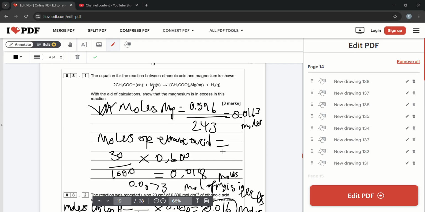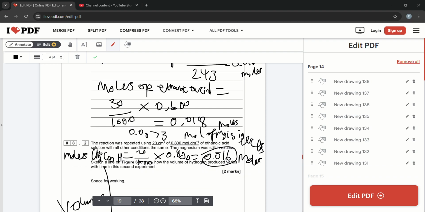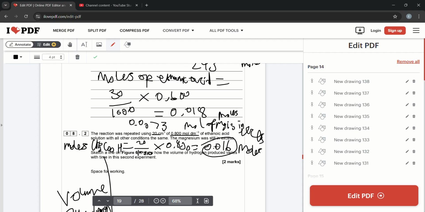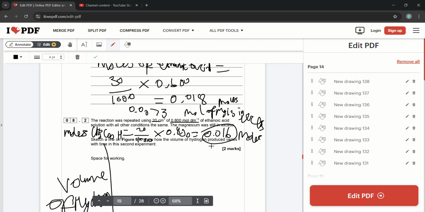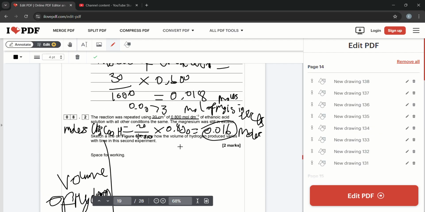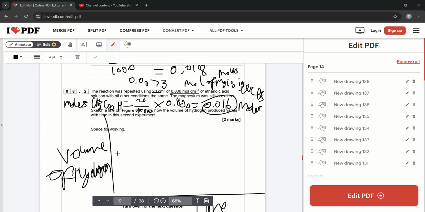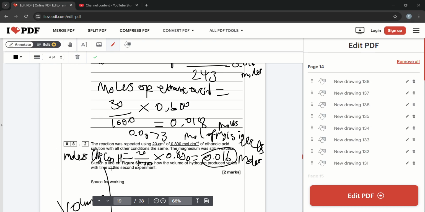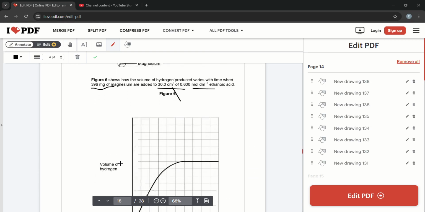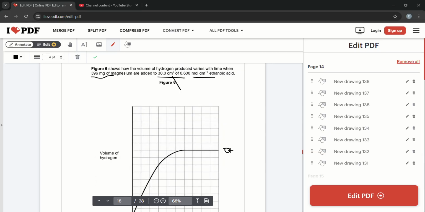Whereas for the original ethanoic acid, we got 0.018. Oh, we wanted to sketch on Figure 6. That makes a whole lot of sense, because I was thinking, how would we show that? So we've got 0.016 moles, and this is 0.018 moles.